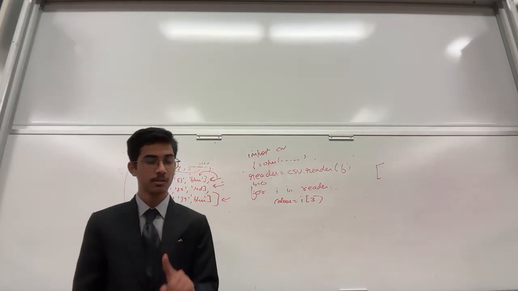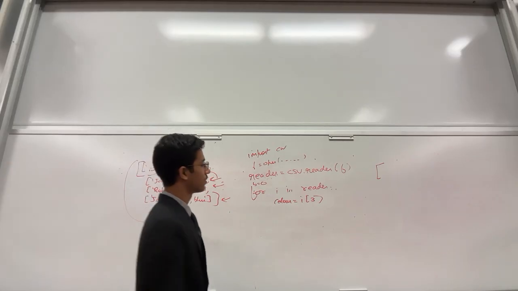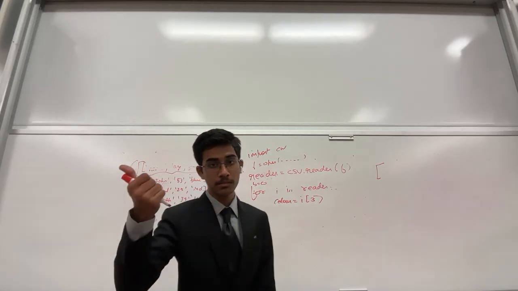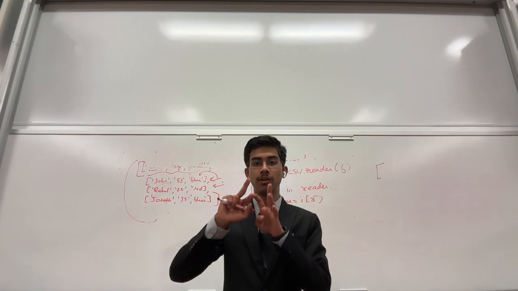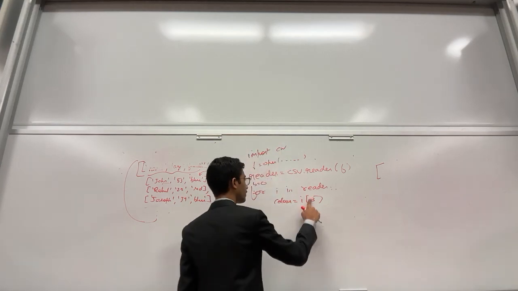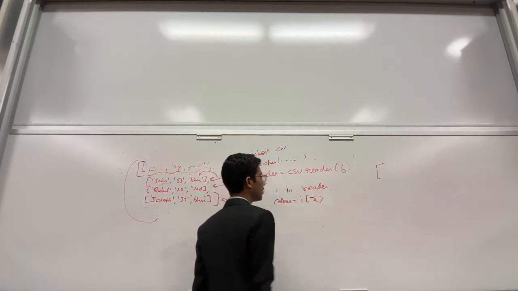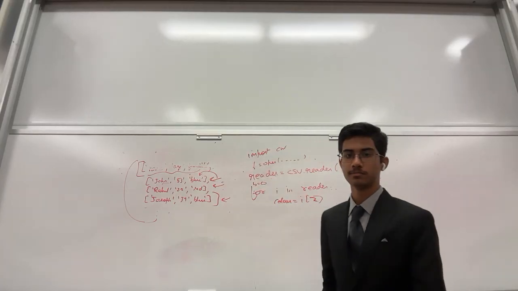No. Once again, remember indexing starts from 0. So it'll be name, age, color. So it is 0, 1, 2. So I at 2 is where my color is saved.